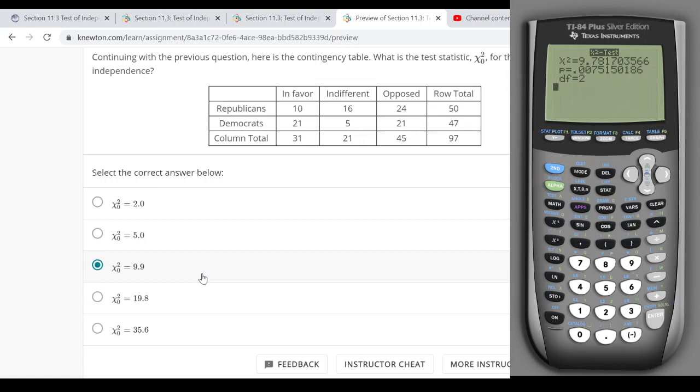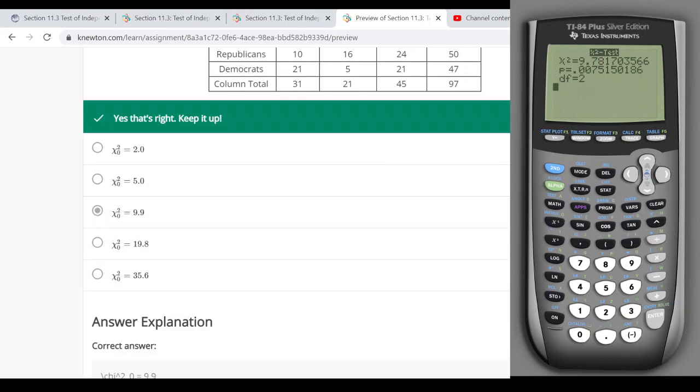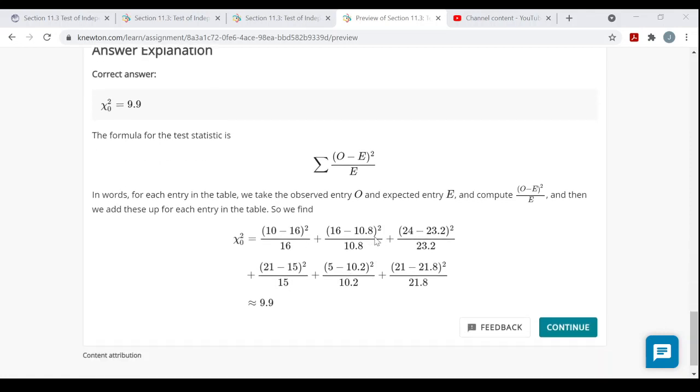I like the calculator answer better, 9.8. But the closest one here, 9.9. And again, when you look at the answer explanation, you see that they're using those expected counts that are rounded to 1 decimal place when they're calculating the test statistic.